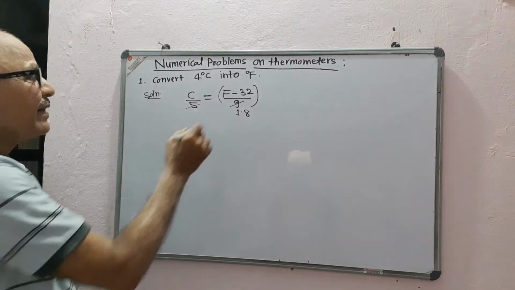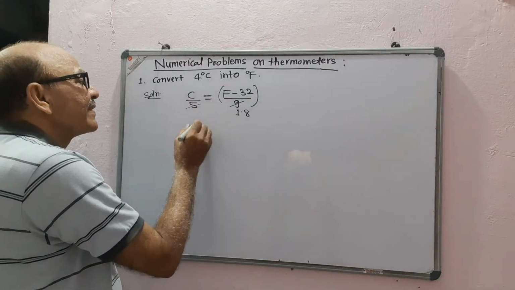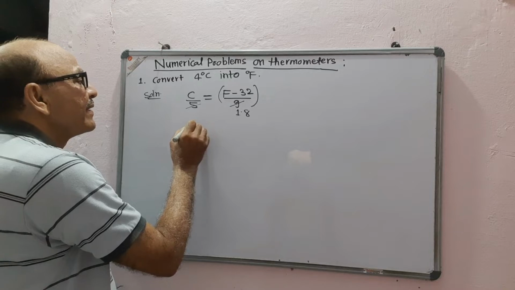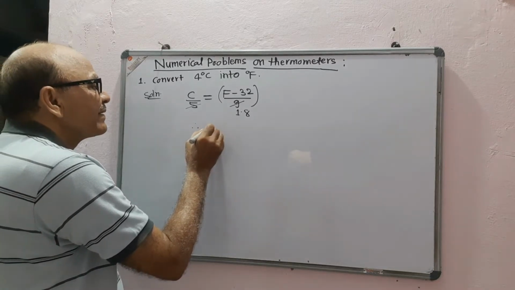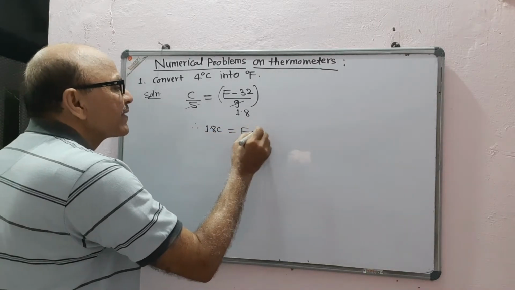Now you can cross multiply: 1.8C will be equal to F minus 32.